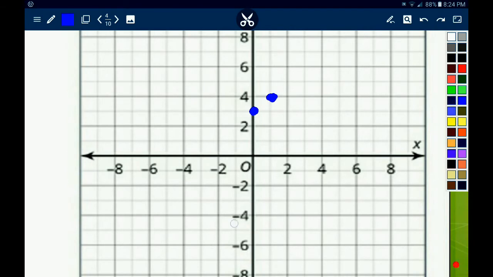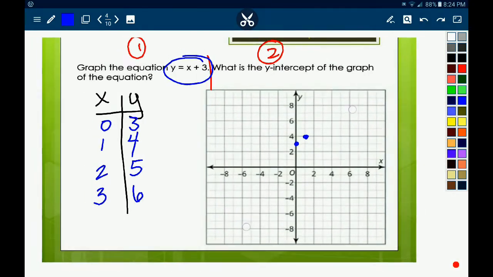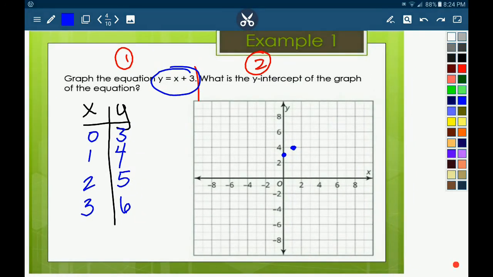Now, technically, you don't have to plot all the points in a table that you create. In order to create a line, all you really need are 2 points, and the rest of the points should lie on that line. So try to draw your line as straight as possible. If you need, use a ruler and make sure you extend the line.